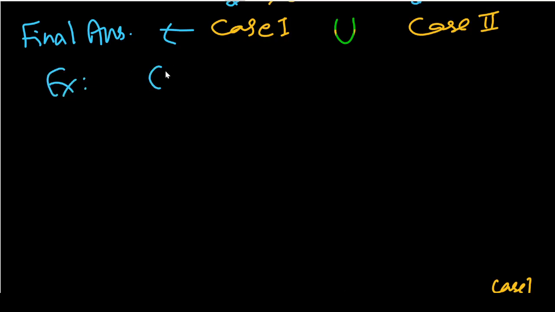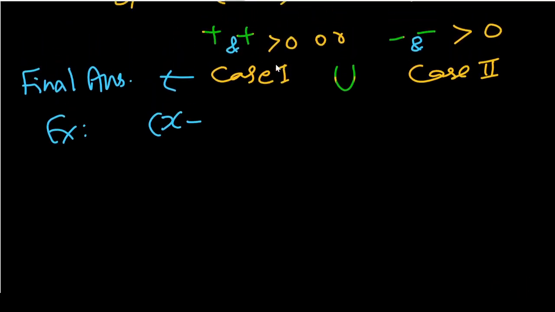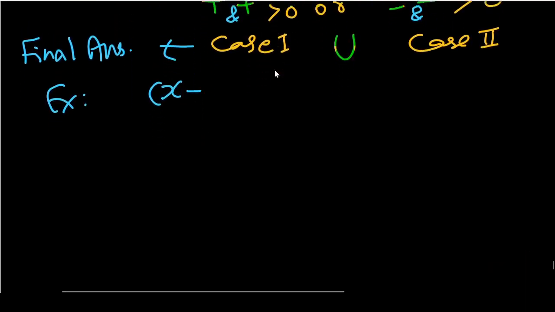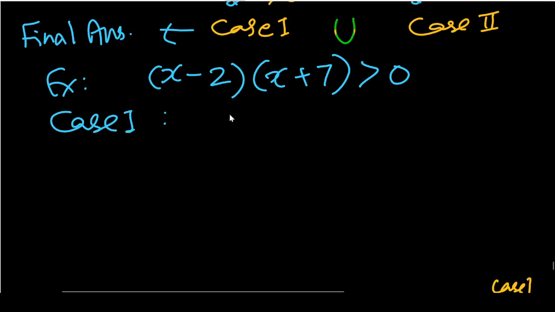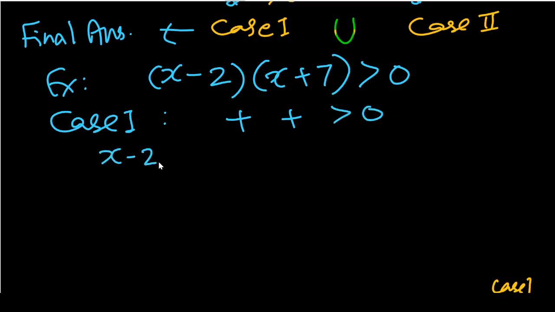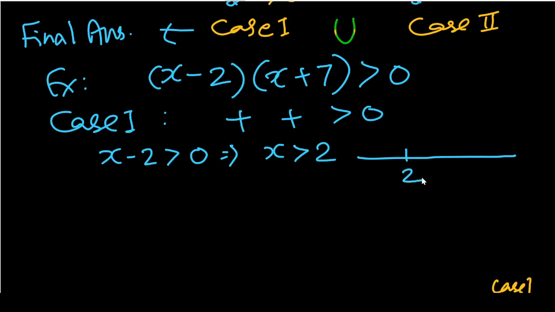So this question, x minus 2 into x plus 7 greater than 0, we will solve case 1 when both are positive. So plus plus gives positive, which means x minus 2 must be positive, which gives x greater than 2, which can be plotted on the number line as 2, and all the values on the right side of 2, it is 2 to infinity, guys.